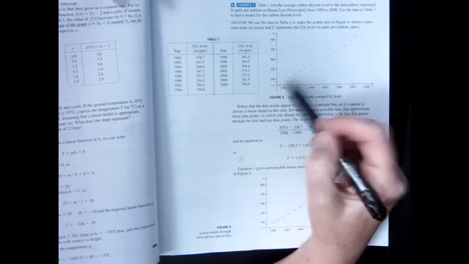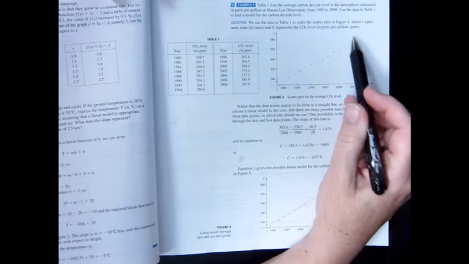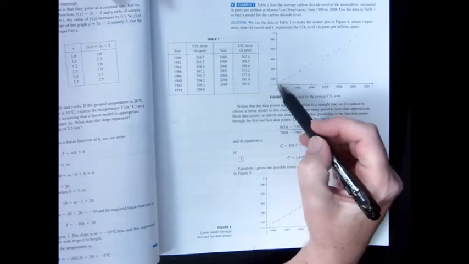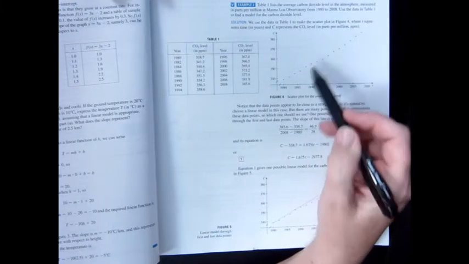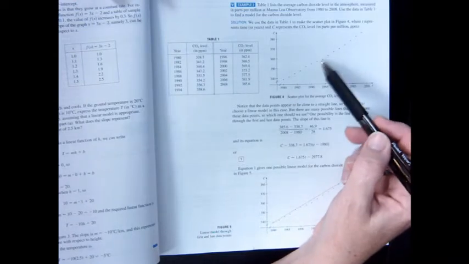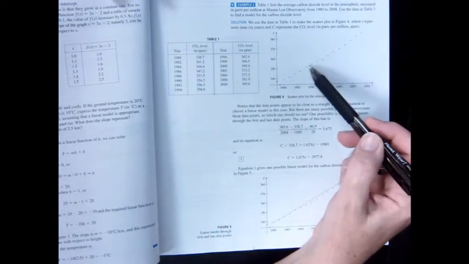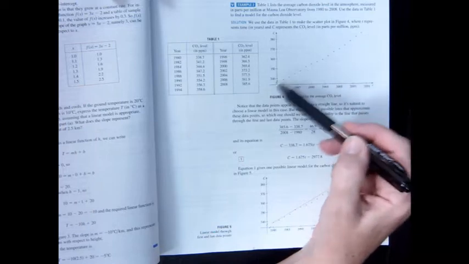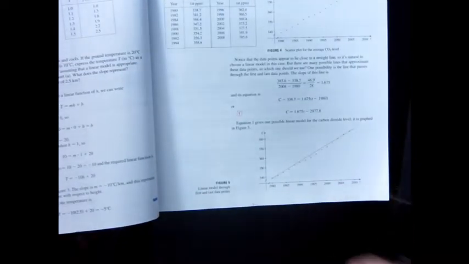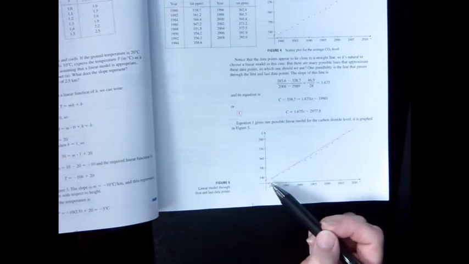So you could take this point and this point and solve for a slope to get an estimate, and that would take you a line through here. You don't have to use those two. Maybe you feel like this one and this one would be a better model, then you could use those. And that's just with researcher experience. But down here is what the line would look like if they took the first and the last.